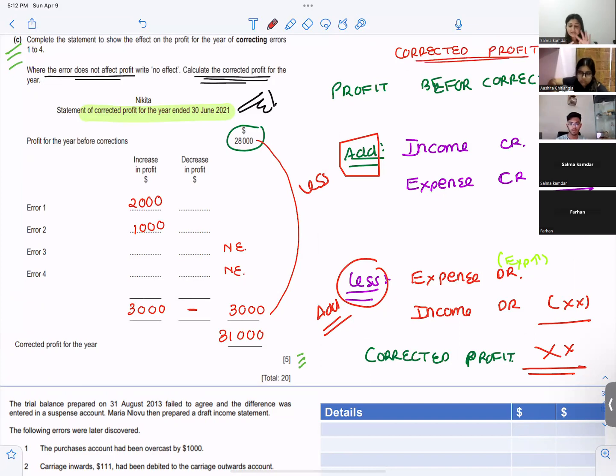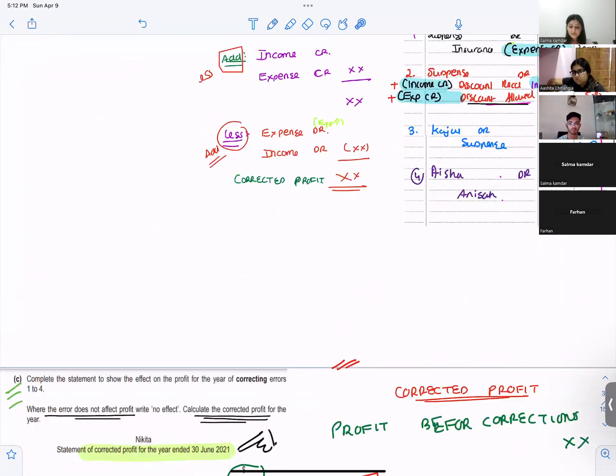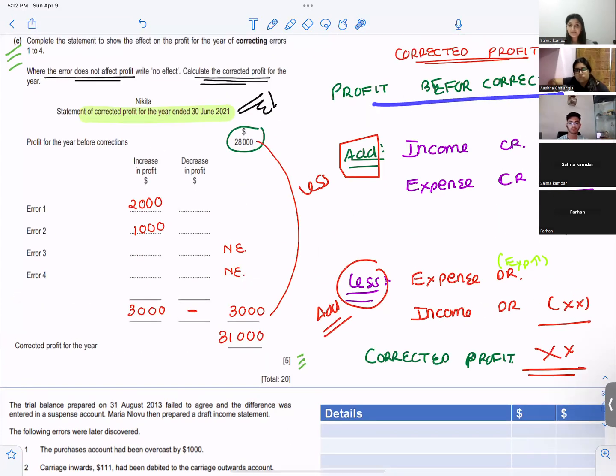Add income credit and expense credit. If in your rectification entries, anywhere income is credit or expense is credit, you will add. So you will start with profit before correction, add income credit, expense credit. Income debit, expense debit, you subtract, and you will get the corrected profit.